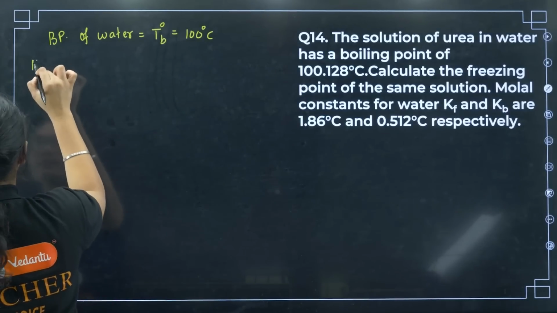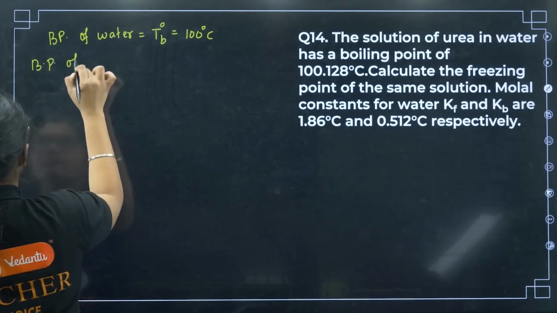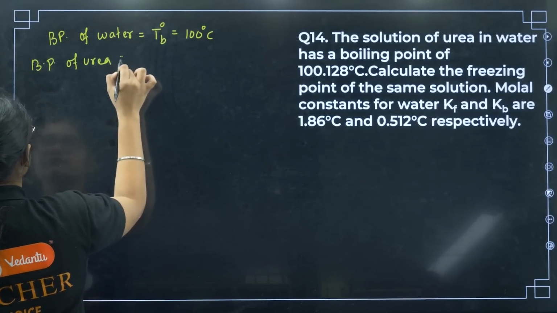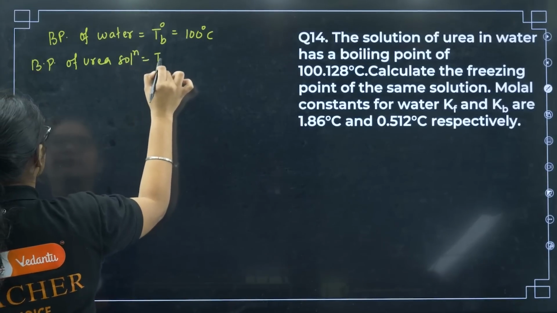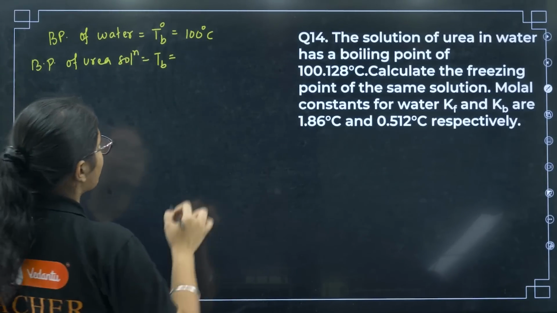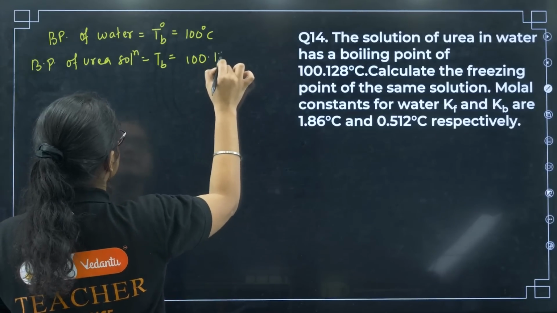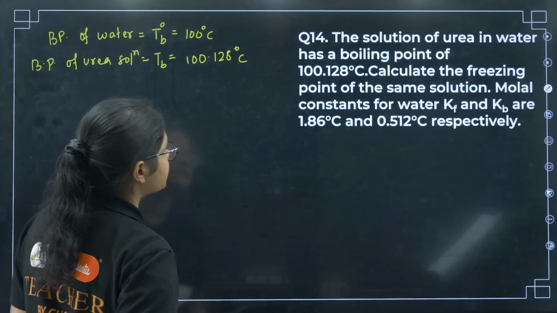Next I will write boiling point of urea solution, that is TB, is how much? 100.128 degree Celsius. Okay, this I got.